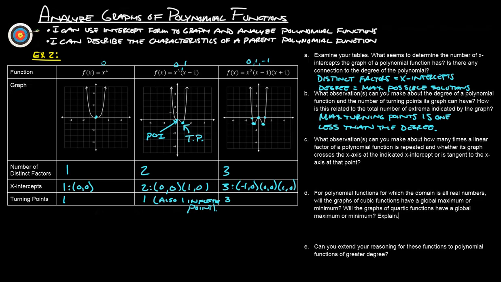X to the 3rd comes down and it does a little wiggle through here and then minimums out and then goes back up. So this 4th was a bounce. The 3rd is a wiggle, sorry. And then this squared, right there, it bounces off and comes back down.